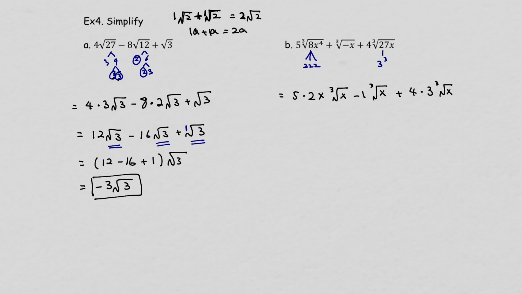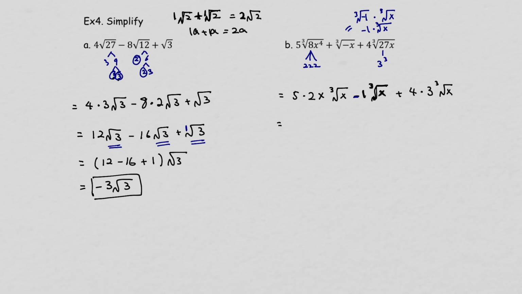So if I wanted to explain a little bit better on the middle term right here, right? This is going to be the same as cube root of negative 1 times cube root of x. And cube root of negative becomes just negative, right? Times cube root of x. That's how it becomes negative, right? Negative 1 cube root of x.